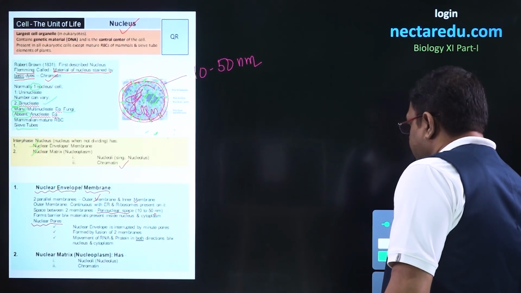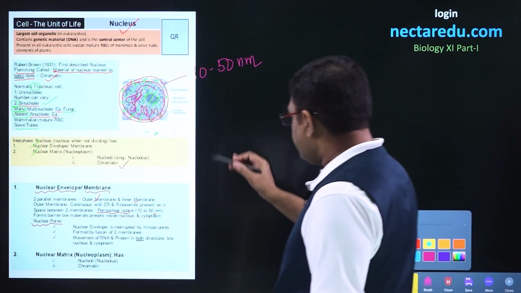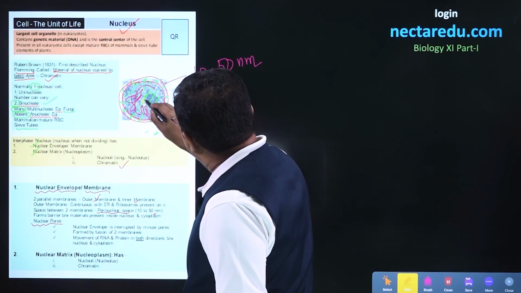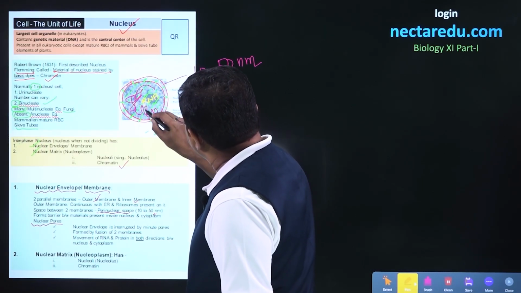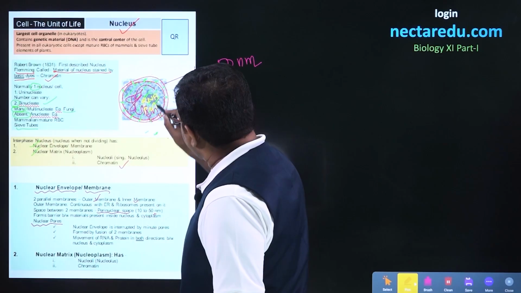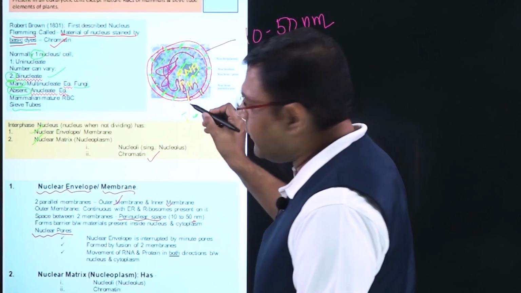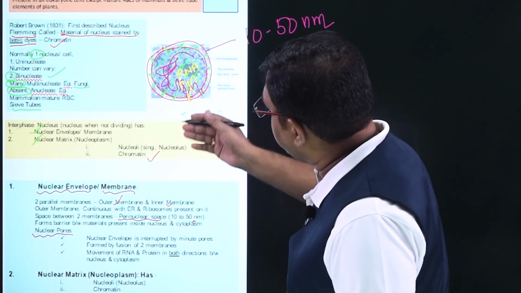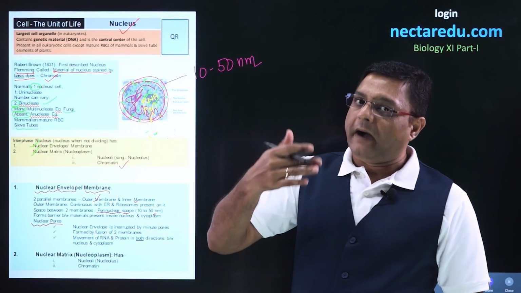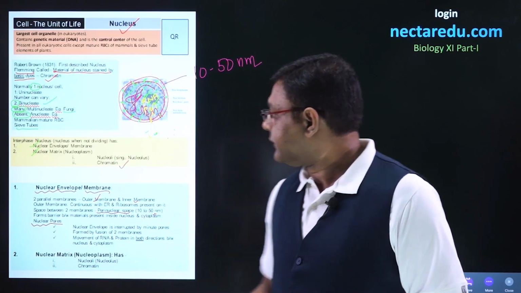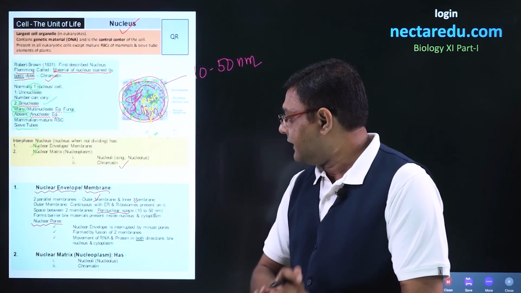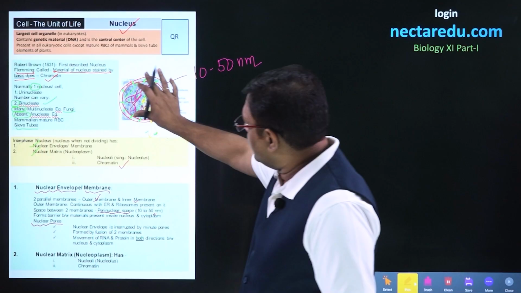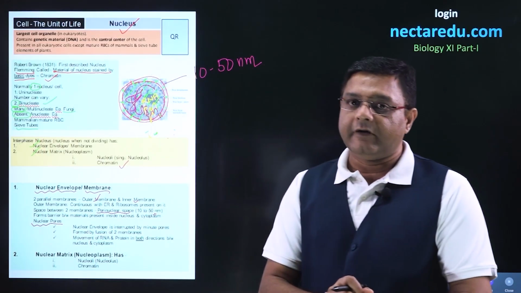If we talk about RNA, we talk about proteins. RNA and proteins will go from inside to outside and these will also come inside. So, bidirectional flow of RNA and proteins will occur by the nuclear pores. So, this is the description of nuclear envelope.